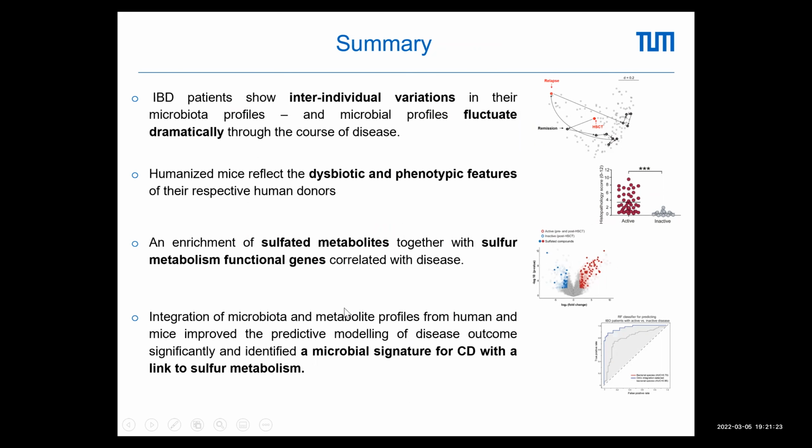We identified sulfated metabolites and sulfur metabolism as an important, key factor in the classification of patients based on disease activity, and this microbiome signature could classify patients with an accuracy of 96%, so it might eventually have relevance to the cause of disease.